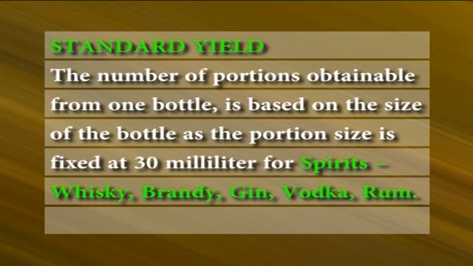Standard yield. The number of portions obtainable from one bottle is based on the size of the bottle, as the portion size is fixed at 30 milliliter for spirits: whiskey, brandy, gin, vodka, rum. Other alcoholic beverages, wines and beers are sold in units, that is, containers in which they are packed.